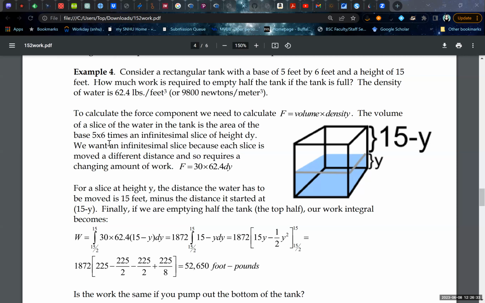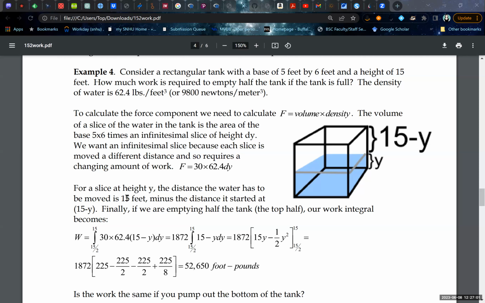And then to get the volume, you would multiply by a thin slice dy. So that will get you your force equation. In this case, it's 30 for the area, dy makes it a volume, and then 62.4 is the density. And that's what gets you the force.